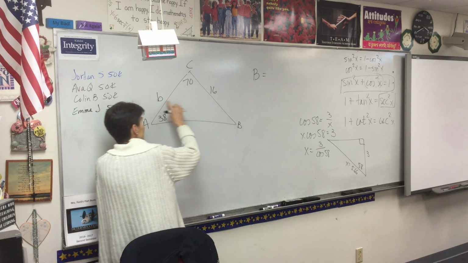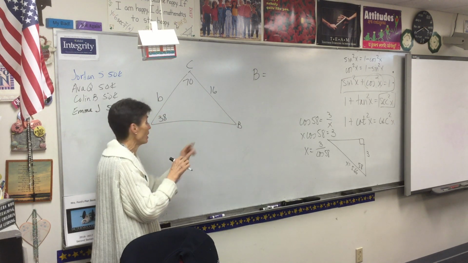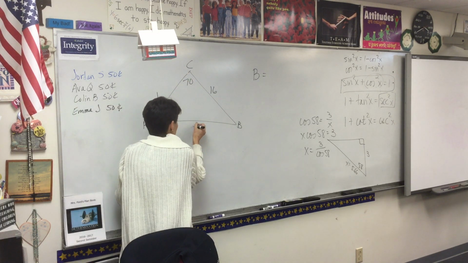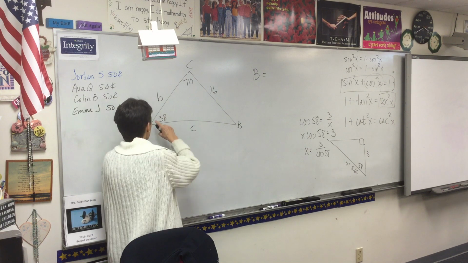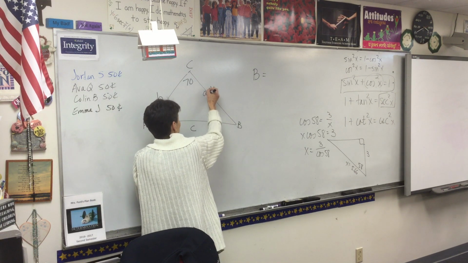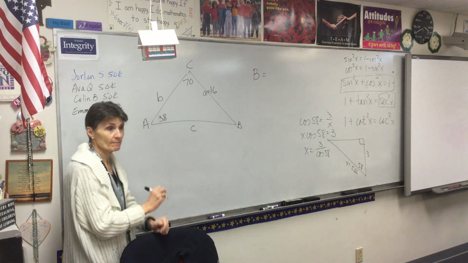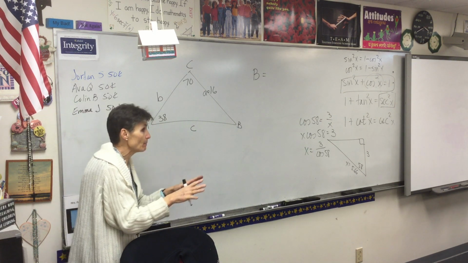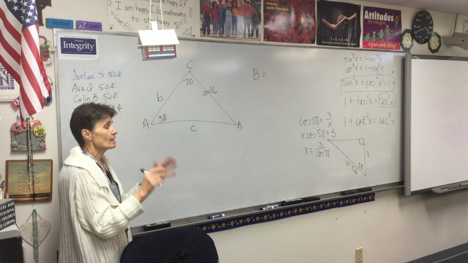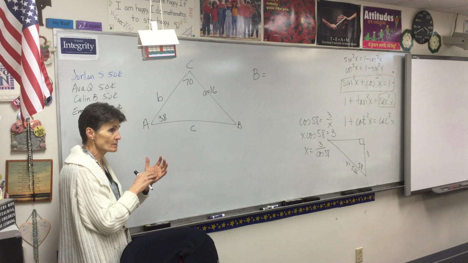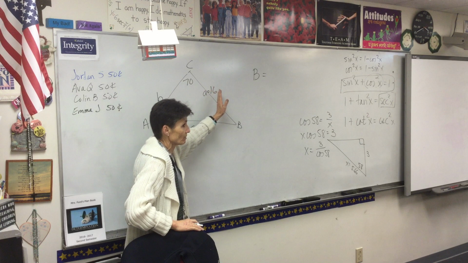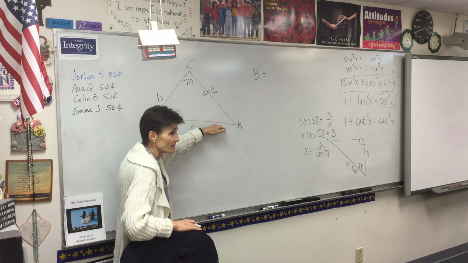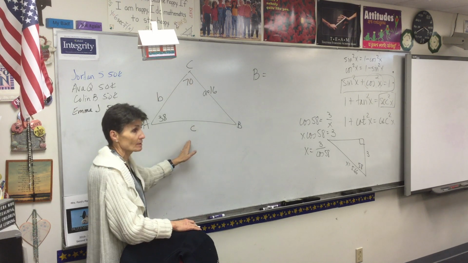It is small b because it is across from angle B. So this would be small c, and this one, even though I know it, this one is small a. That's the way triangles are labeled, just common practice. Big capital letters for the angles, and then small letters for the sides, and A goes with its opposite side. B goes with its opposite side.